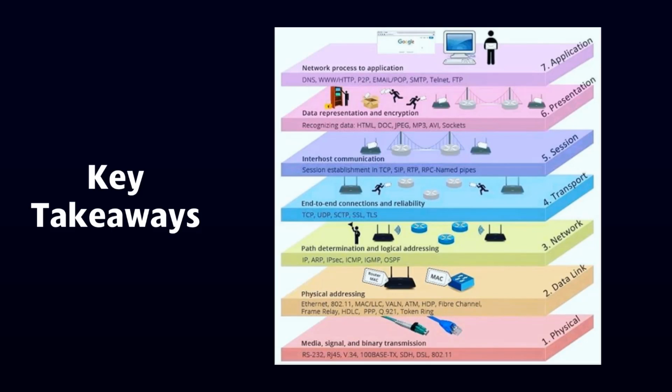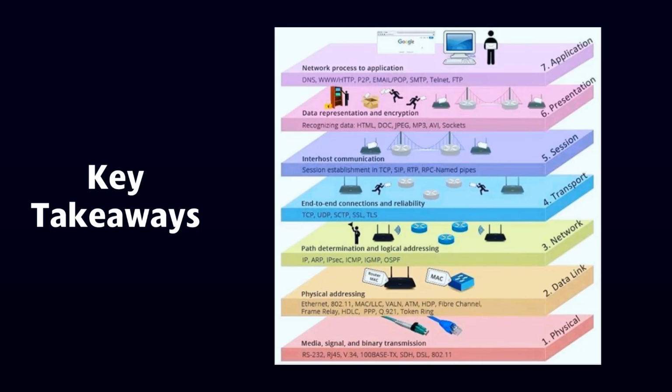Gives you a look at network processes to the application layer 7, data representation, inter-host communication, end-to-end, path determination. Down layer by layer gives you a quick view of what happens at each layer. It also gives you some of the more important protocols, but you can go back and add to this.